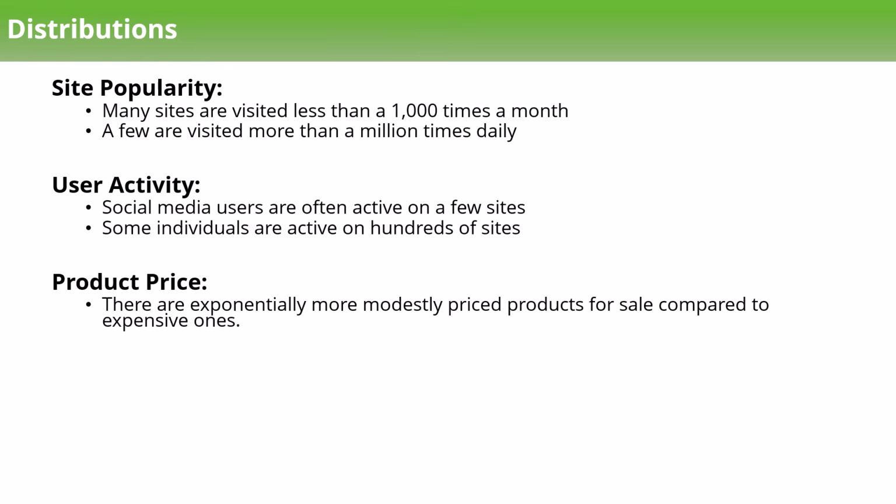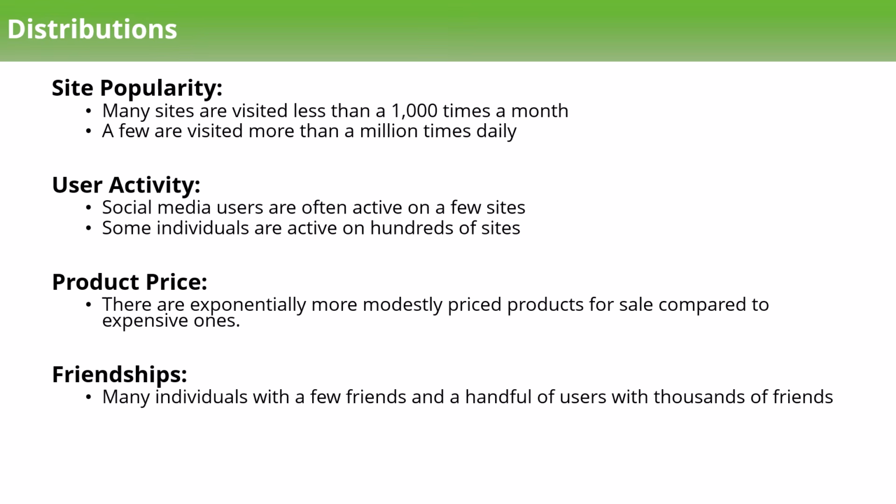Most products are moderately priced. Very expensive products are relatively rare. And then friendships. Most people have a small number of friends. A handful of people have thousands or even millions of followers. So this friendship example directly leads us to degree distribution in social networks.